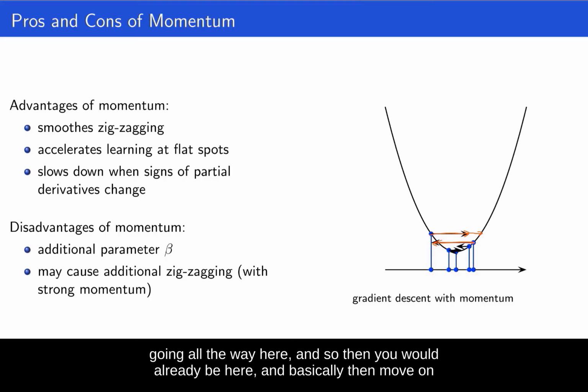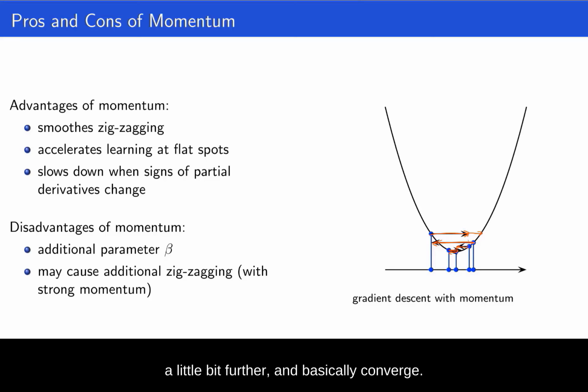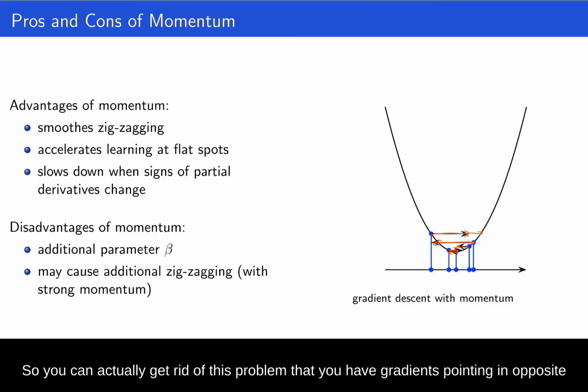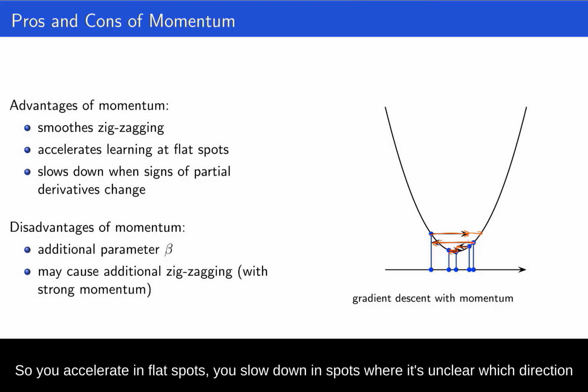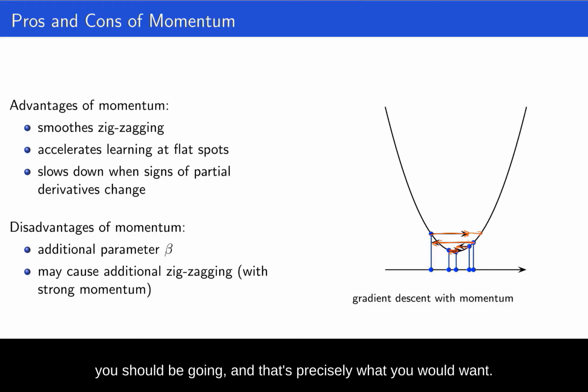And so then you would already be here and basically move on a little bit further and converge. So you can get rid of this problem that you have gradients pointing in opposite directions. If that is the case, then momentum makes the optimization slow down. So you accelerate in flat spots, you slow down in spots where it's unclear which direction you should be going. And that's precisely what you would want.